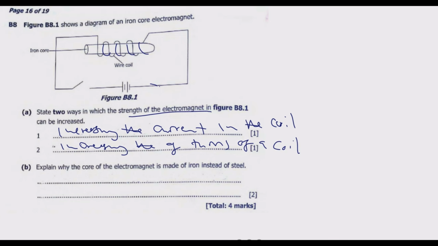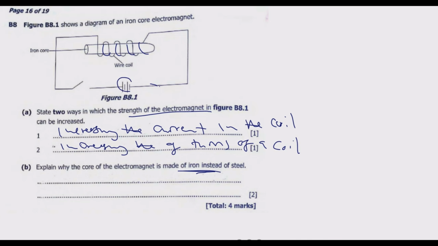Then B, explain why the core of the electromagnet is made of iron instead of steel. So what you notice here in this case is this electromagnet is supposed to be basically a temporary magnet. Because when we use soft iron instead of steel, soft iron loses all its magnetic properties when the current in the coil is switched off.